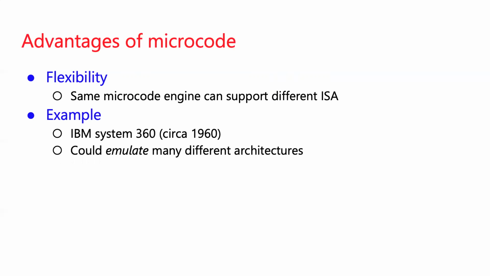We said this before, that an advantage of microcode would be it'd be easier to add new instructions, even to change the instruction set supported by what was otherwise the same hardware. IBM did this in around the 1960s.